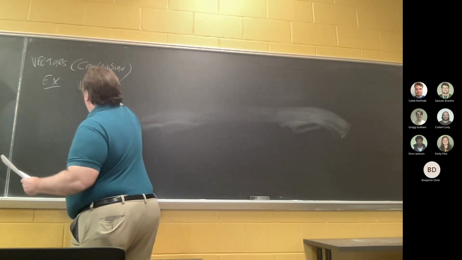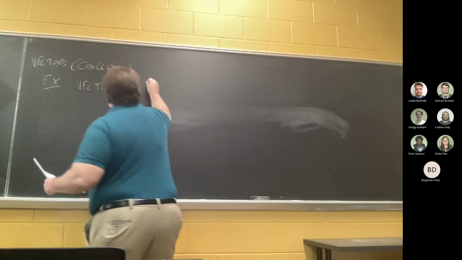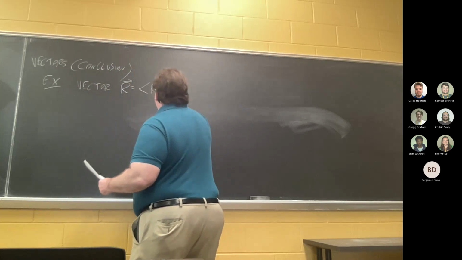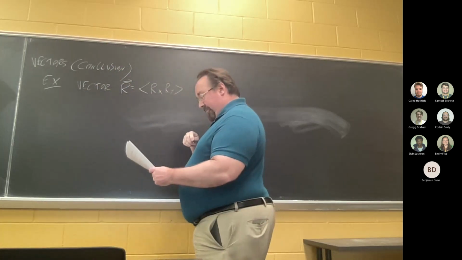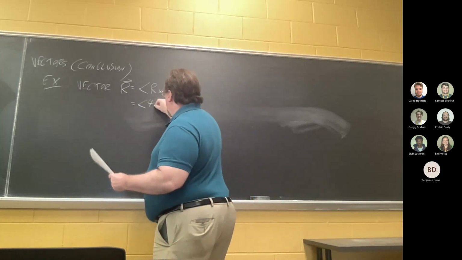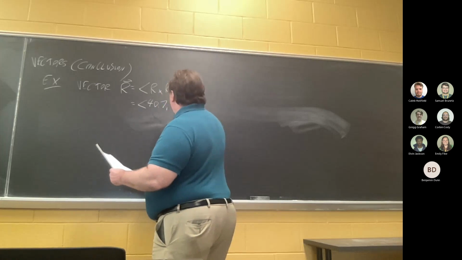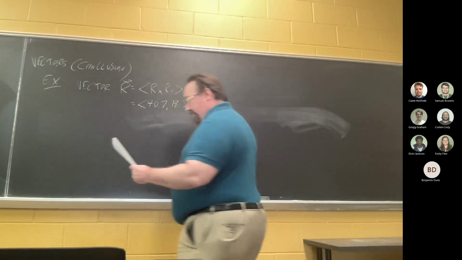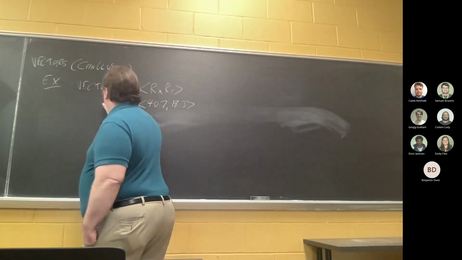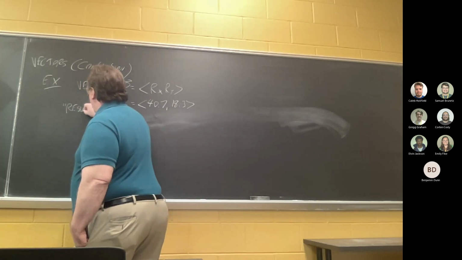So we're given a vector R, which has components Rx and Ry, both the x and y component. For this example, the components are 40.7 and 18.3. In the homework, this vector R is referred to as a resultant.